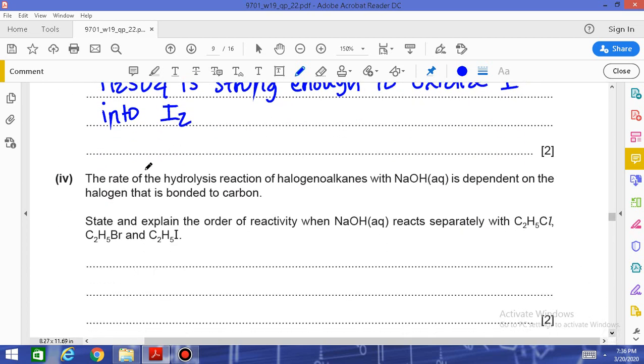Next, the rate of the hydrolysis reaction of halogenoalkanes with sodium hydroxide is dependent on the halogen that is bonded to carbon. State and explain the order of reactivity when sodium hydroxide reacts separately with chloroethane, bromoethane, and iodoethane.